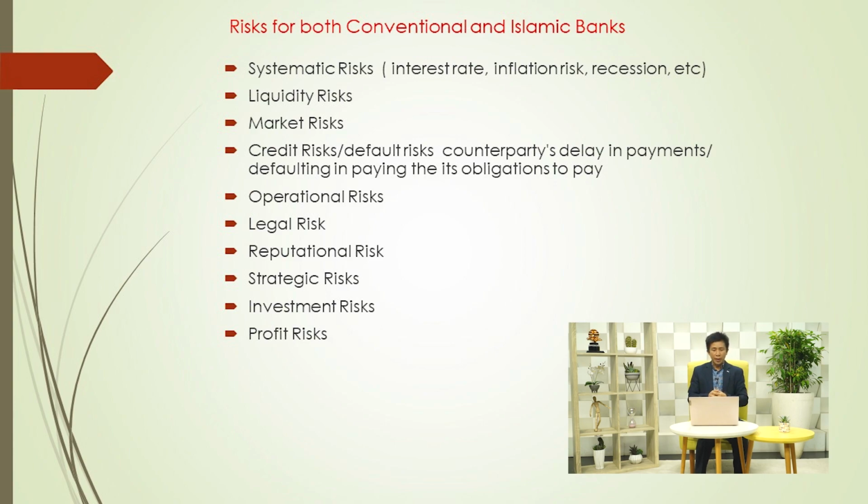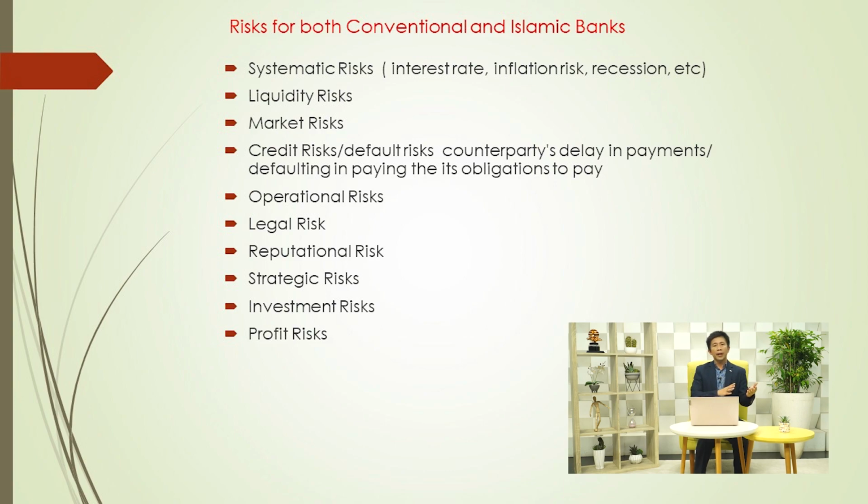We also have liquidity risk. This is the risk encountered by both Islamic banks and conventional banks. This arises because the banks are not able to meet their obligations. For example, depositors deposit their money into the banks.